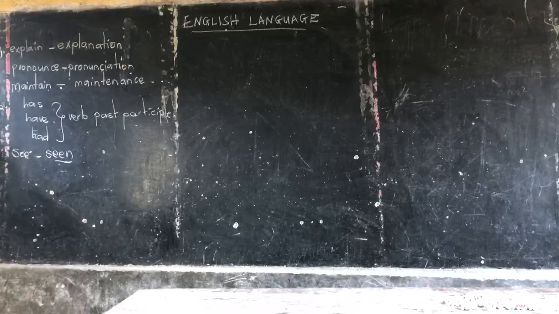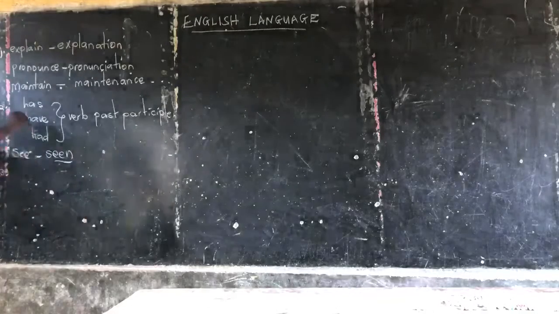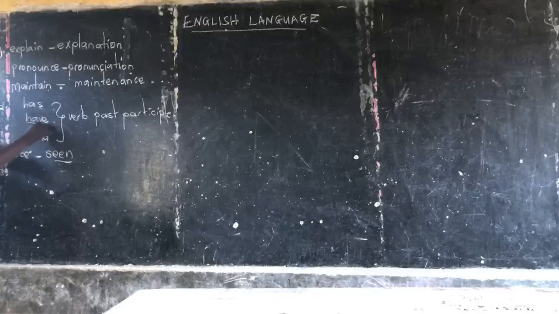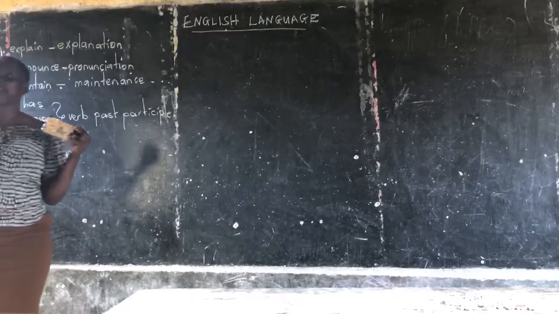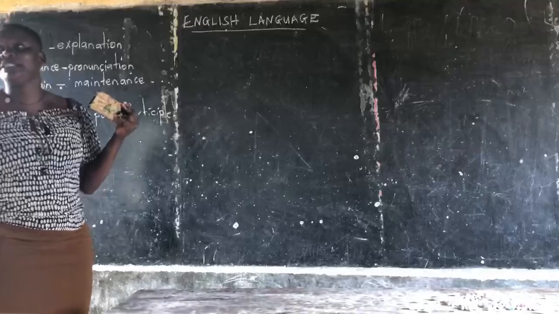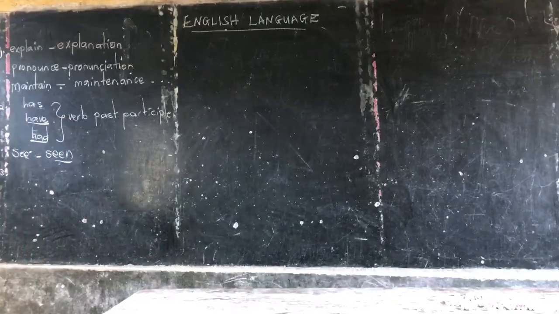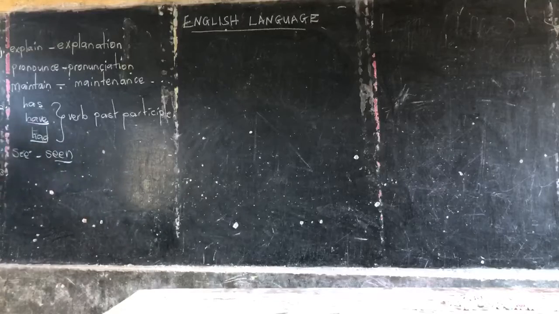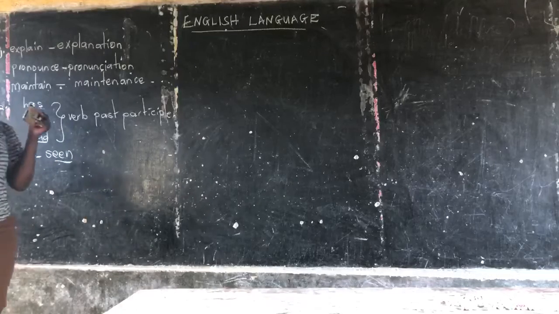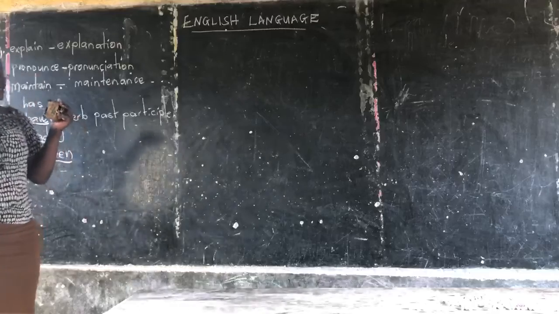Number 3. What should you mark here? When you normally have has, have, and had, we look for the verb in the past participle. They just ran to the field, for the trainer had already come.